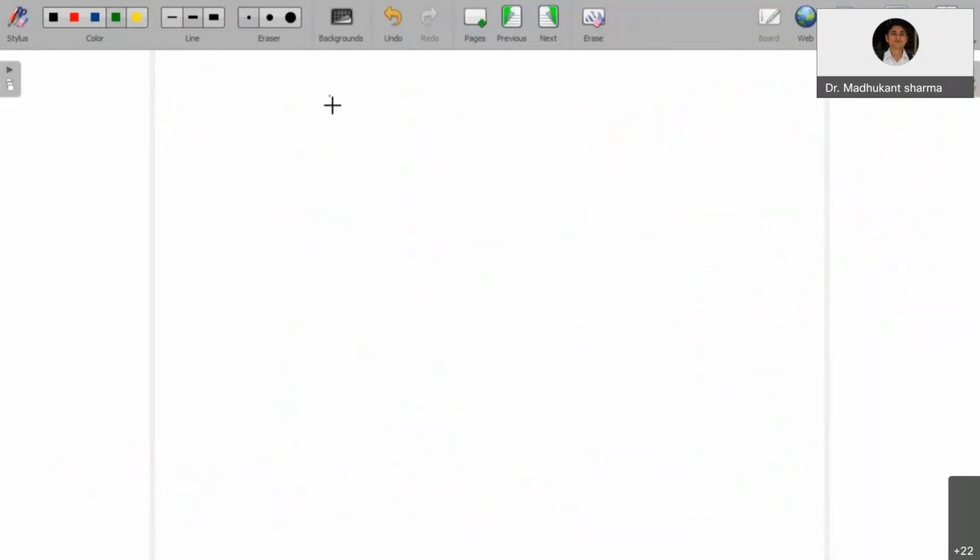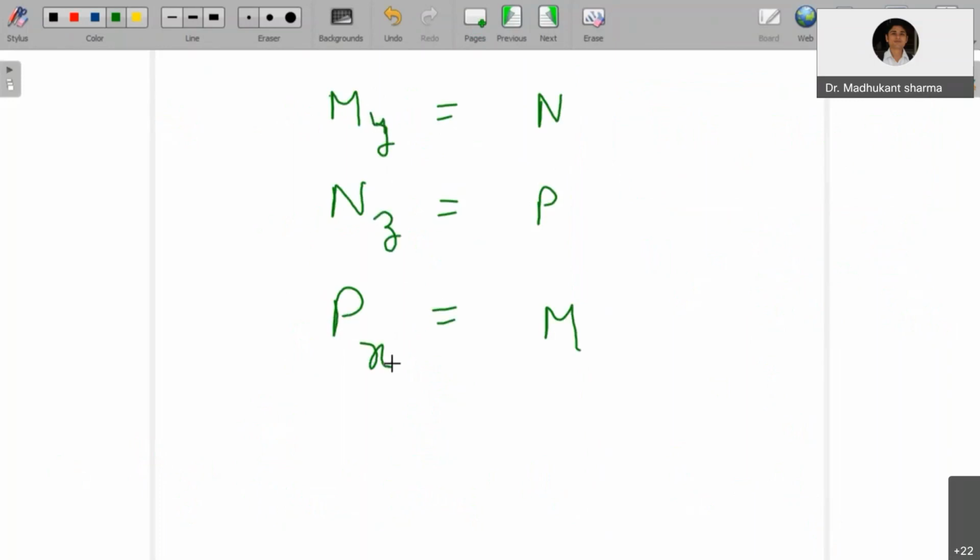So you have this is M, N, P, recall this is N, P, M, now this is y, z, x, x, y, z. I think this is right. It's very simple. So M, N and P in the cyclic form: M, N, P, then N, P, M, and then you just find out the way.